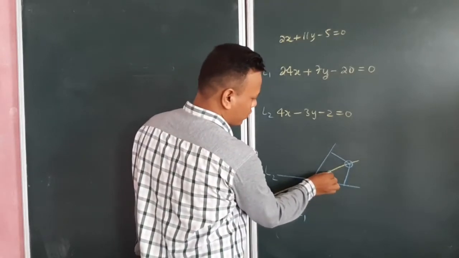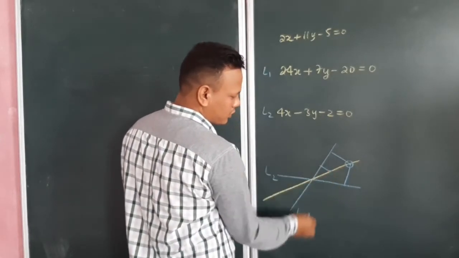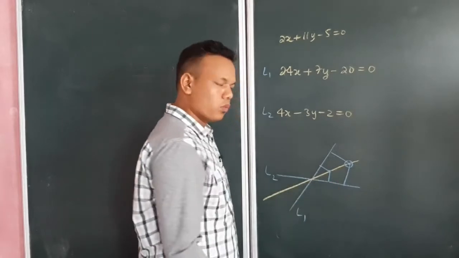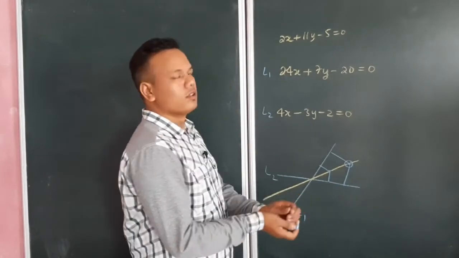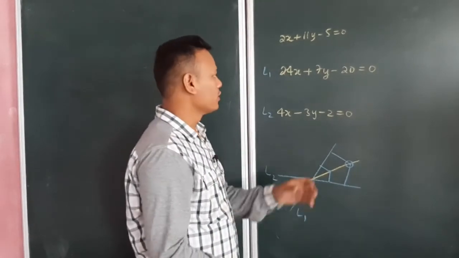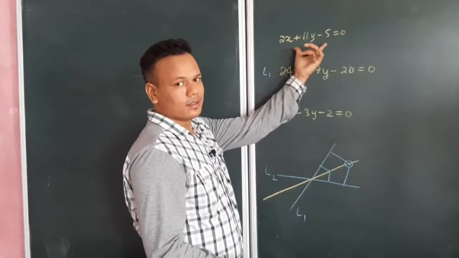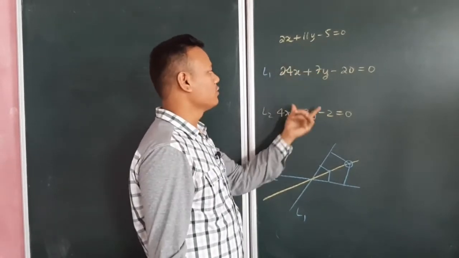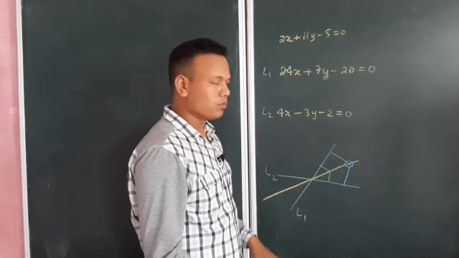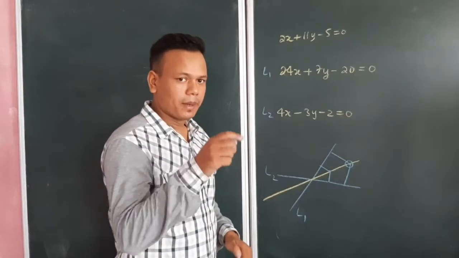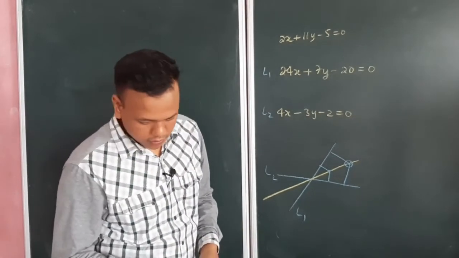Similarly, if you choose this point and draw the perpendicular distances, both will be the same. So basically what we need to prove here is that this is one of the angle bisectors of these two lines. That's what you need to prove, and you will do the sum by yourself. So this is your question number 6.